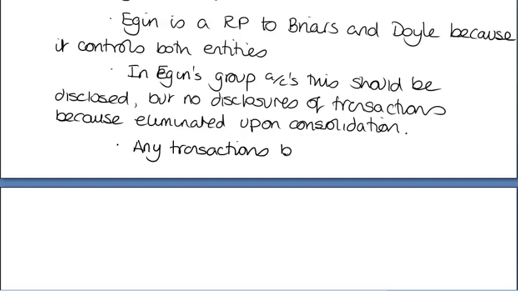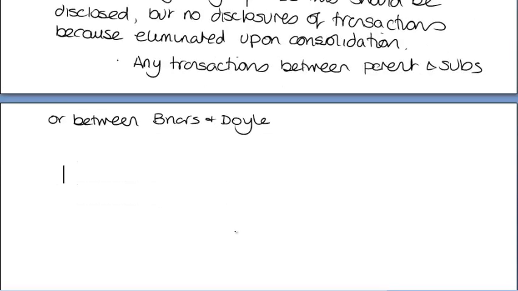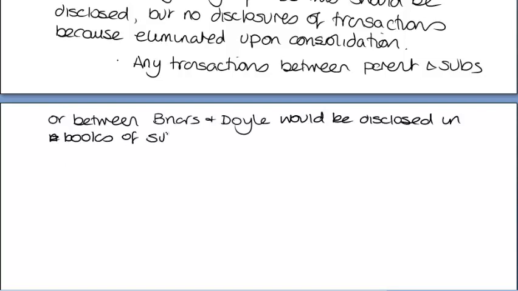Any transactions between the parent and the subsidiaries, or between Briars and Doyle, would be disclosed in the notes or in the books of the subsidiaries.